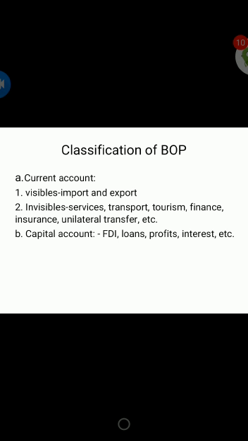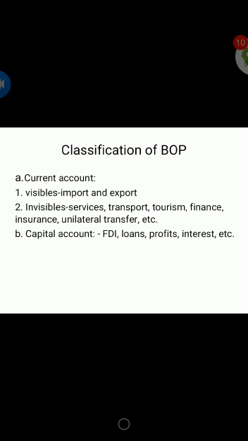So the duration of the current account is 12 months. Whatever transaction takes place, whether it is a service or goods, will be recorded in the current account first, and after 12 months it will be transferred to the capital account.